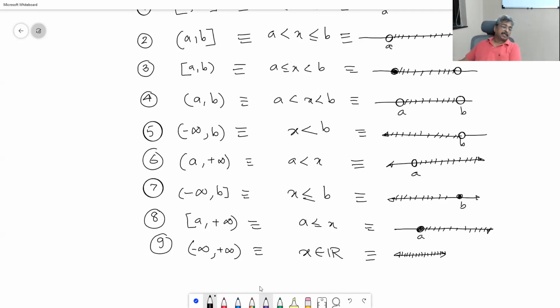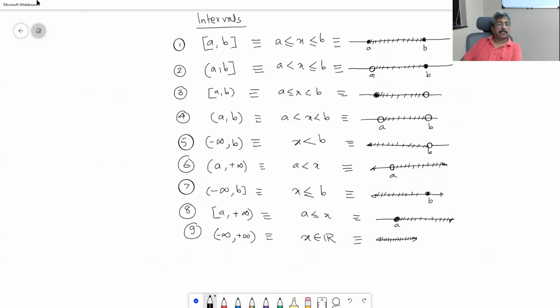Everything. So these are the 9 kinds of intervals of real numbers on the real number line. Their geometric interpretation is like this. Maybe you can copy in 2 minutes. Okay, next question is x square is greater than 25, and therefore the answer is hollow circle at minus 5 and plus 5, and all the points to the left of minus 5 and all the points to the right of plus 5 will satisfy this.